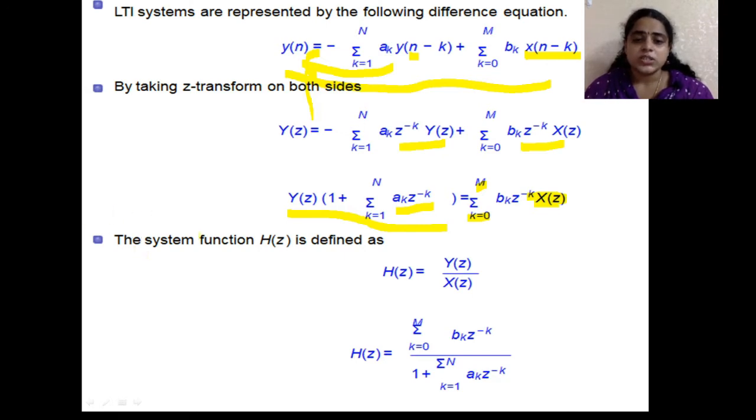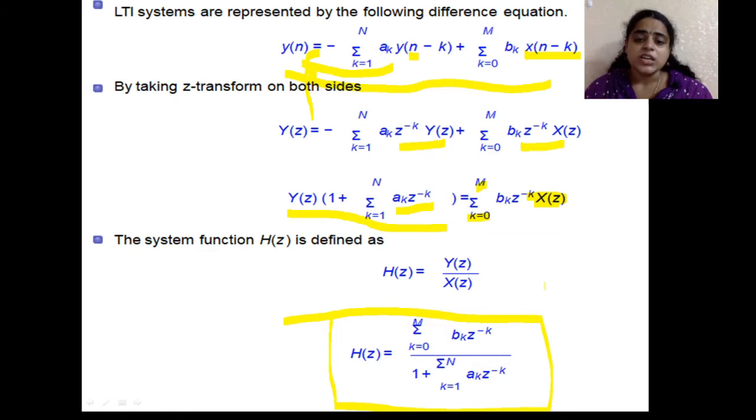So we know the system function will be y of z by x of z, output by input. Then after simplification, H of z is equal to summation k equal to 0 to m bk into z power minus k, divided by 1 plus summation k equal to 1 to n ak into z power minus k.